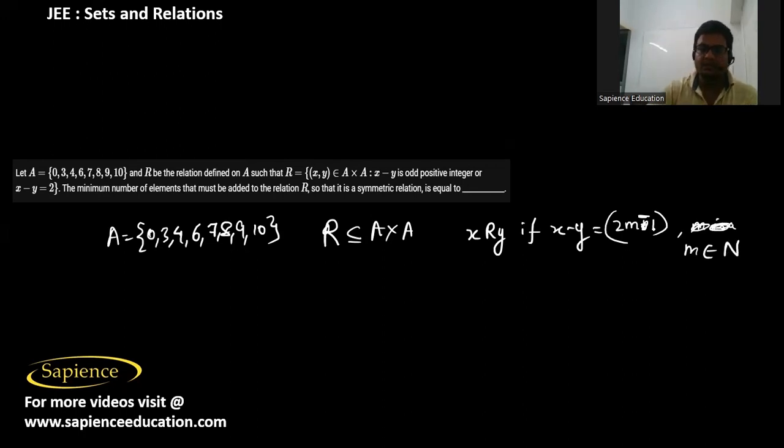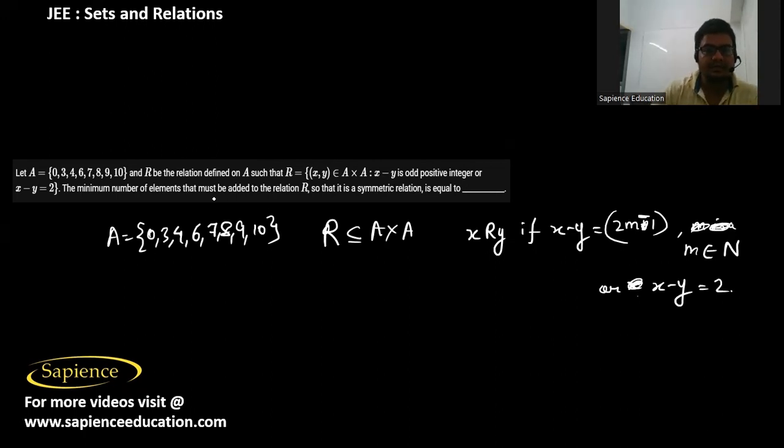Since it should be an odd positive integer, or x minus y can be equal to 2. So it means that x minus y either should be equal to 2 or it should be an odd positive integer.